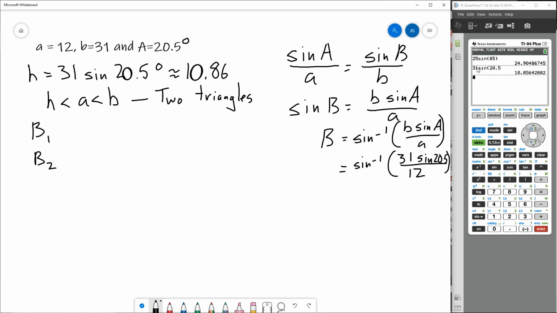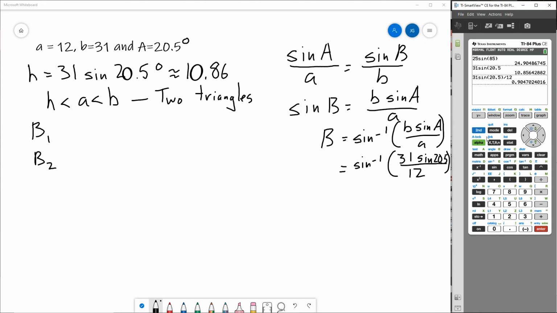I already have my 31, but let me type it in the calculator: 31 sine of 20.5, and then I'll divide all of that by 12. There we go. So that's what the sine would equal.